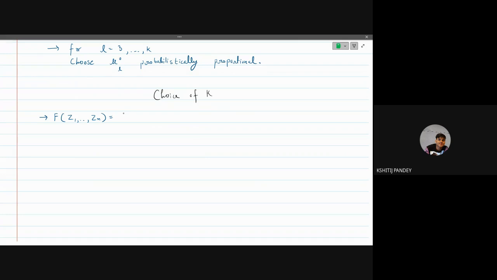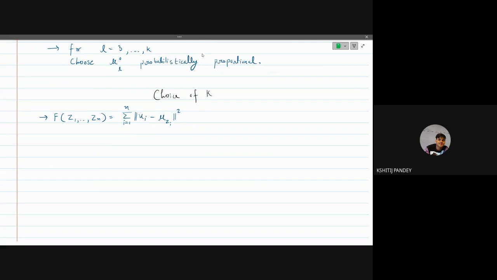The objective function is equal to summation i from 1 to n of norm square of x_i minus mu_z_i. For this to be minimum, what is a good value of k? n.